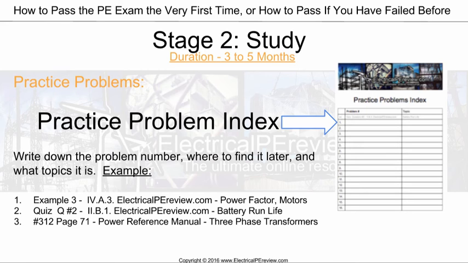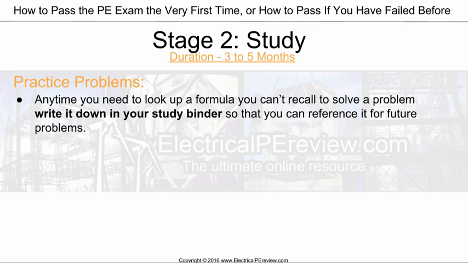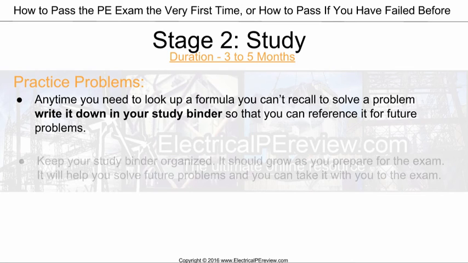Same thing if we're working on number 312 in a made-up power reference manual on 3-phase transformers. If that exists, I don't know, but that's just an example. You're going to write it down and move on. Remember, the goal of all of this is to keep on moving, keep on chipping away at solving problems correctly. Another thing: anytime you need to look up a formula you can't recall to solve a problem, write it down in your study binder so that you can reference it for future problems.